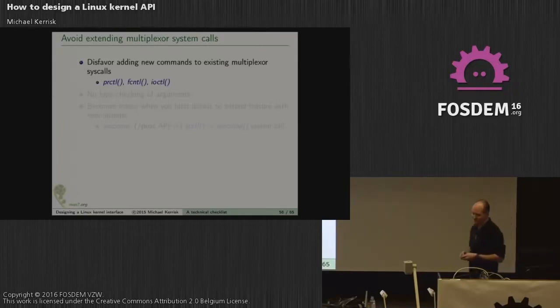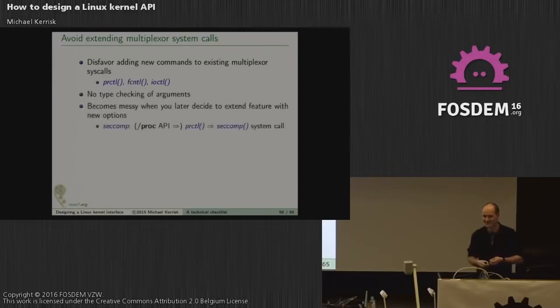PRCTL, FCNTL, IOCTL, these multiplexed system calls. What I really want to say about these is, don't do it. I know there are valid reasons, like if it's a device and it's a single use case, it kind of makes sense.